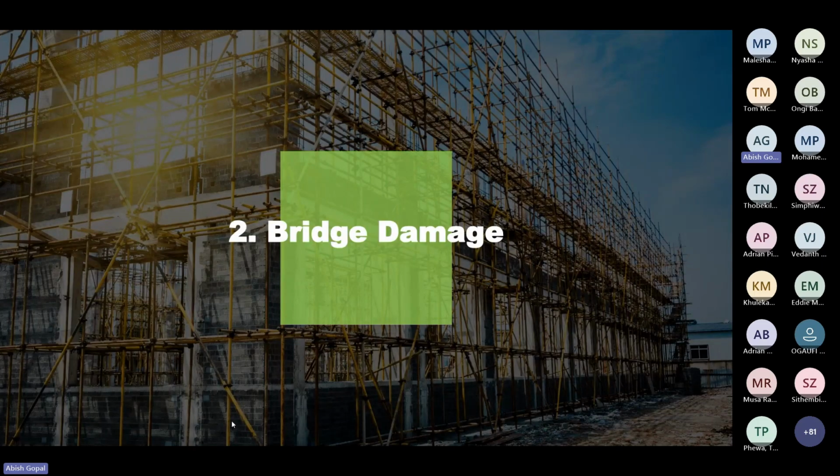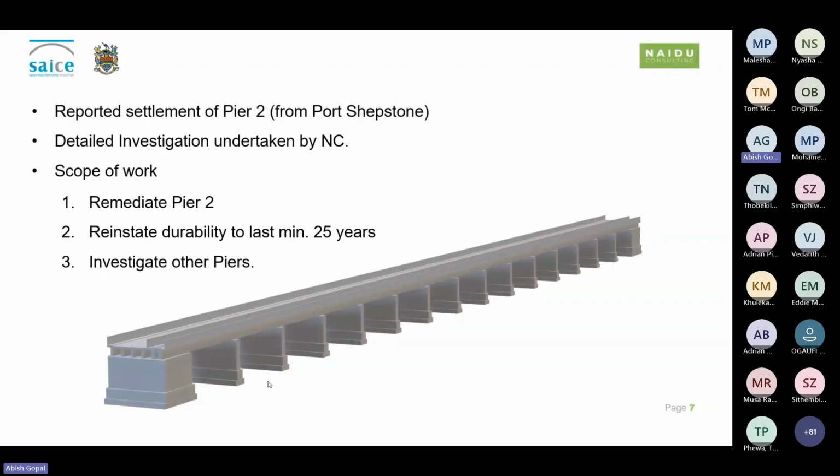So to take you through the bridge damage that occurred, after the Pier 2, which is numbered from the Port Shepstone side up north, after the Pier 2 settlement, the Department of Transport contacted Naidu Consulting to undertake a detailed investigation.